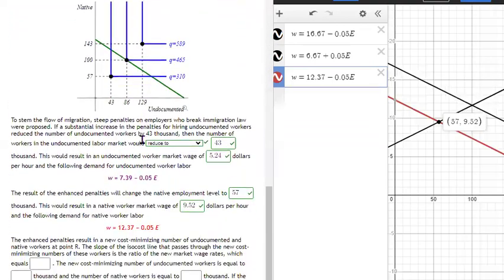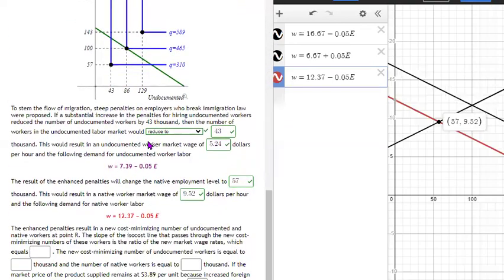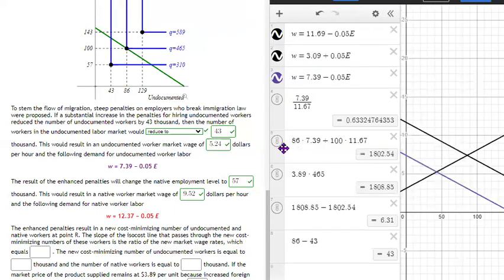The enhanced penalties result in a new cost minimizing number of undocumented workers and native workers. It'll be at this point here. The slope of the iso-cost line that passes through the new cost minimizing numbers of these workers is a ratio of the new market wage rates. So I'm going to come back over here and delete these.